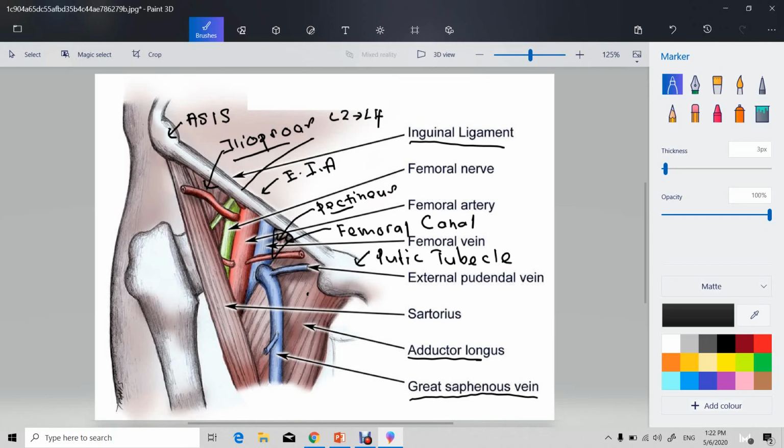So, what is the clinical importance of the femoral triangle? Number 1, just inferior to where the femoral artery crosses the inguinal ligament, it can be palpated to measure the femoral pulse. Number 2, the femoral artery is located superficially within the femoral triangle and is thus easy to access.